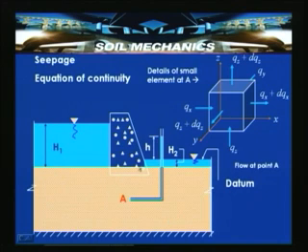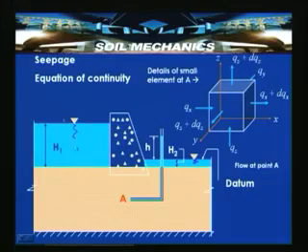At a particular point A just beneath the structure, H is the head available there. The flow is occurring from H1 to H2.